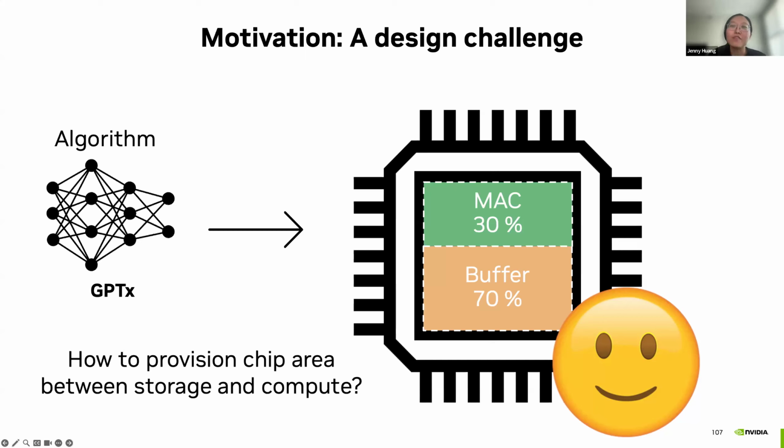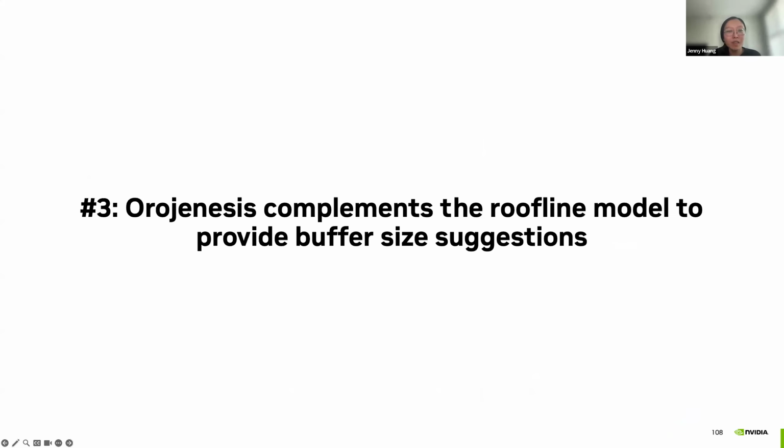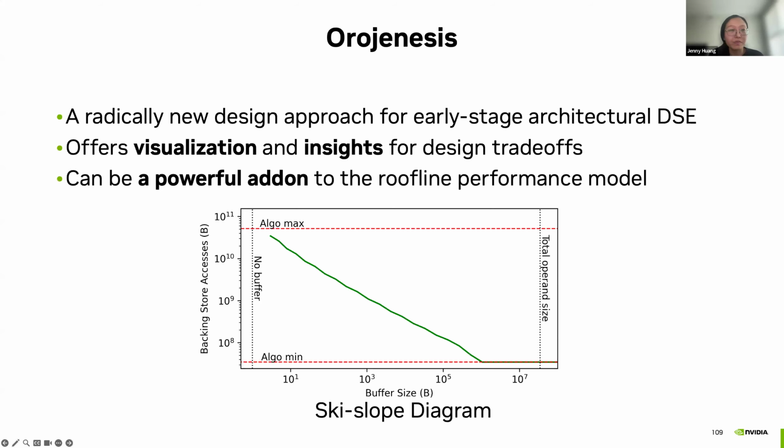And once we have committed to building simulators or implementations, we can always refer back to this bound to see how much margin we still have in designing these accelerators. And this demonstrates our last contribution for this work, which is that it complements the roofline analytical model to also provide buffer size suggestions at a very early stage of design space exploration.